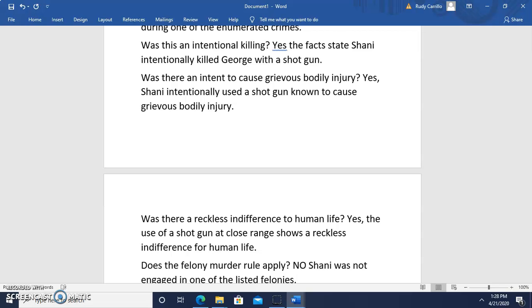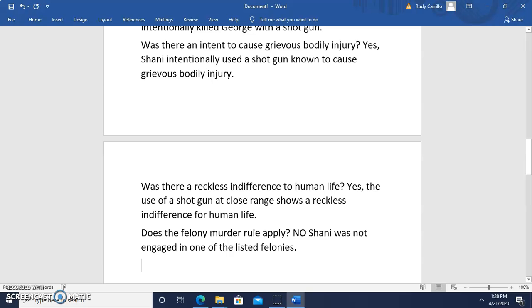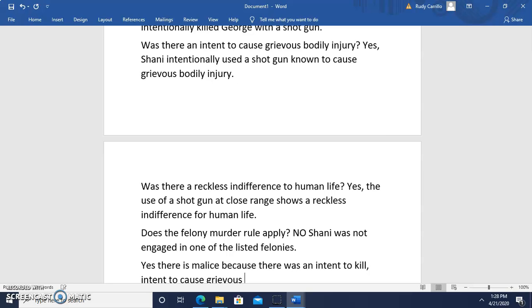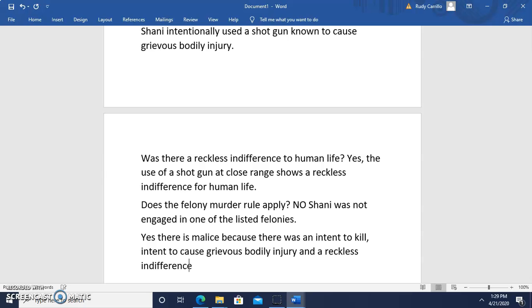All right. So we do have malice. At this point we say yes, there's malice, because there was an intent to kill, an intent to cause grievous bodily injury, and a reckless indifference for human life.